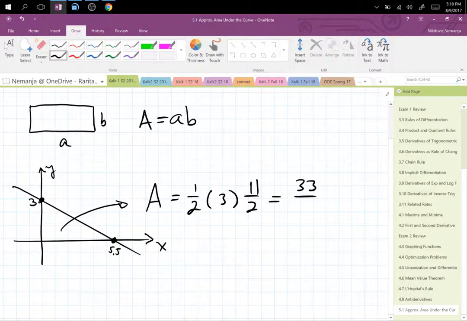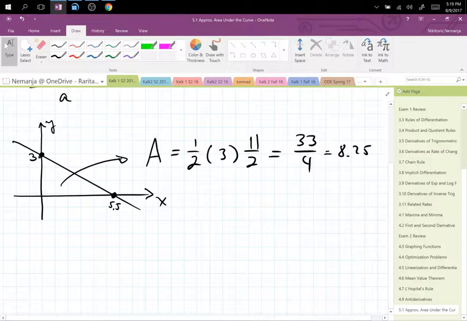So this is 33 over 4 altogether, or 8 and 1/4. So you can find the area under the curve exactly if the shape is something that you know the formula for.